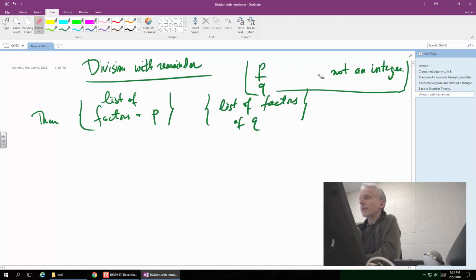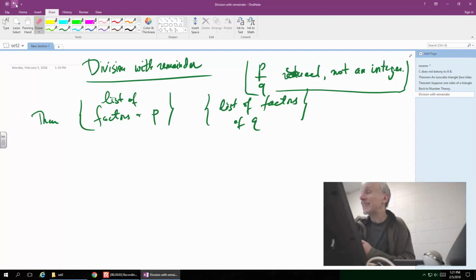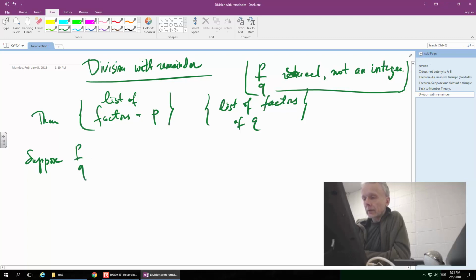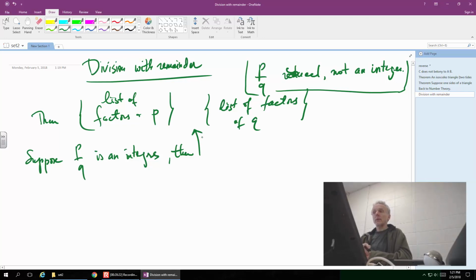Hold on a second. What if the fraction is an integer? Okay, so that's the assumption. So suppose P over Q is an integer. Then what's the relation between the list of factors of P and the list of factors of Q?